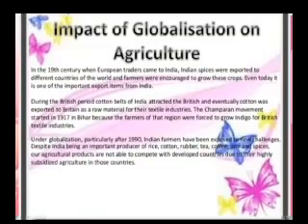Even today, it is one of the most important export items from India. During the British period, cotton belts of India attracted the British, and eventually cotton was exported to Britain as a raw material for the textile industries.